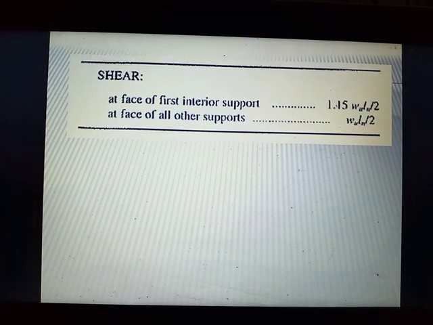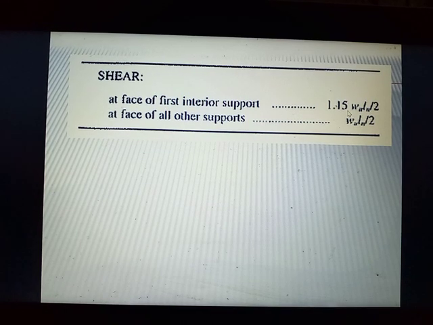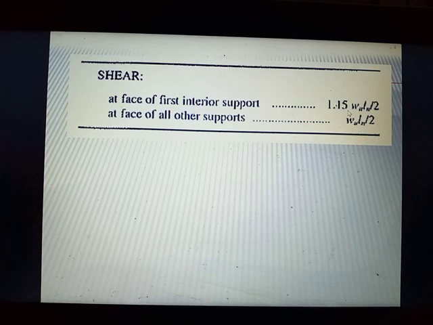For shear, there are only two formulas you need to remember. At the face of the first interior support, the shear is equivalent to 1.15 WLn over 2, and at the face of other supports, you will use WLn over 2.